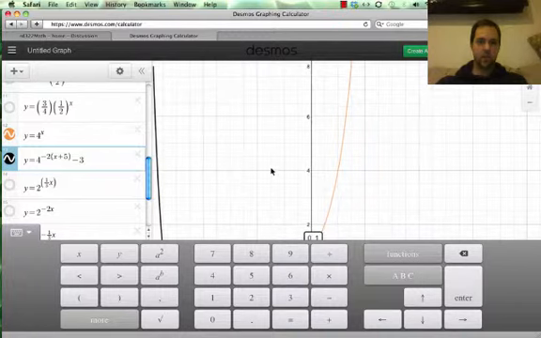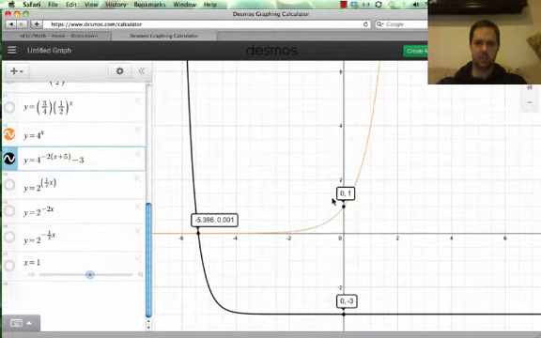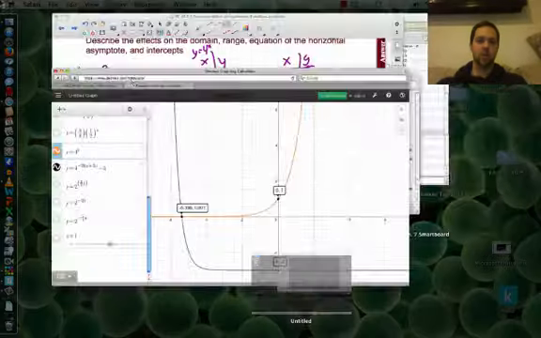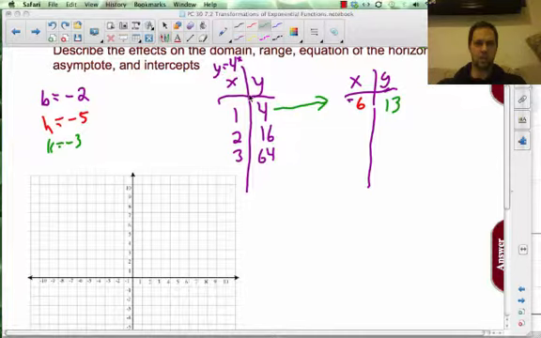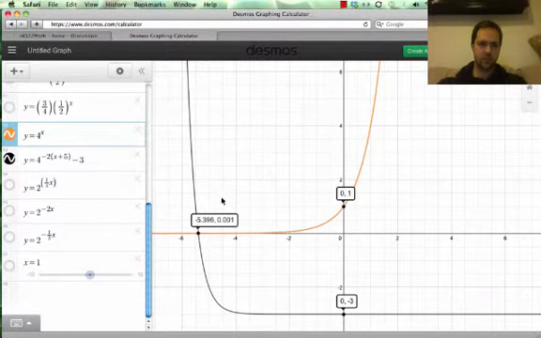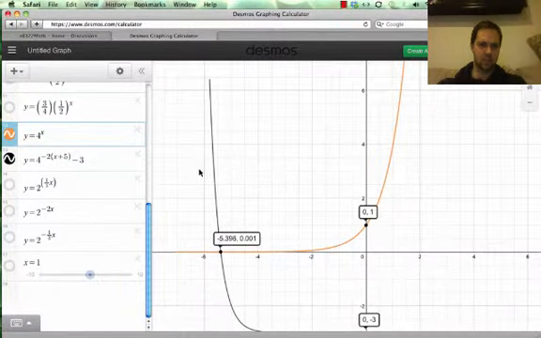So let's see if we get the points we expected. We had the point 1 and 4 in our table, and we thought that that would then become, based on all of our translations, the point negative 6 and 13. So let's see if we have that point negative 6 and 13.